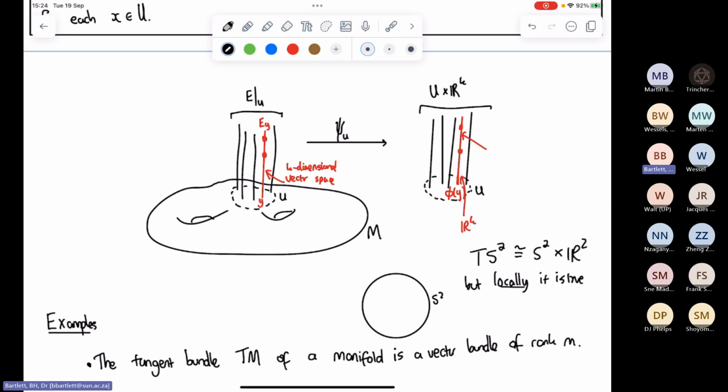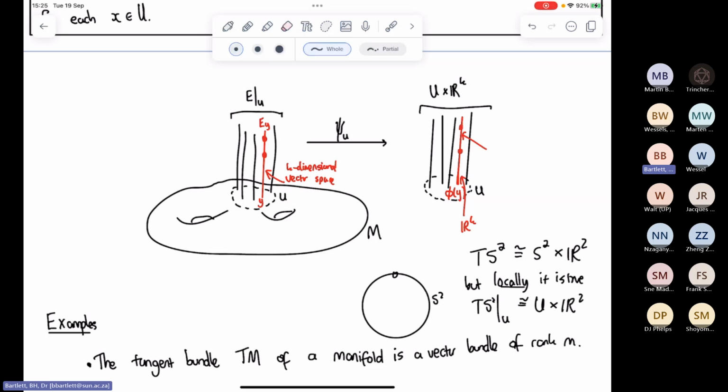So if I take a chart, for example, the stereographic projection charts, then I can say that the tangent bundle of the two sphere restricted to that chart is diffeomorphic to just U cross R^2. So it is locally a product, but it's not globally a product.